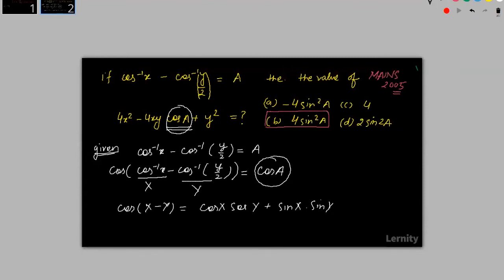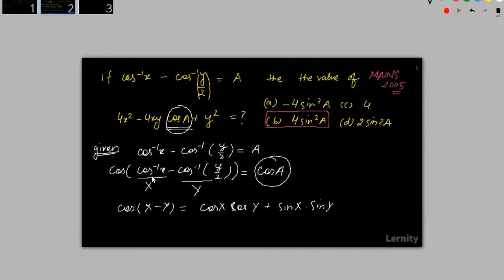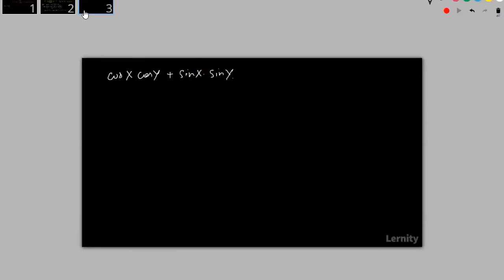Fine. So now we will simply find what is cos x, cos y, and what is sine x and sine y. So we have cos x cos y plus sine x sine y, and we have already been given that capital X is cos inverse of x and capital Y is cos inverse of y by 2.